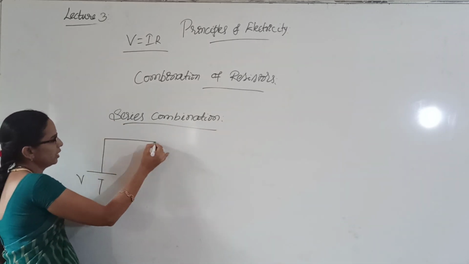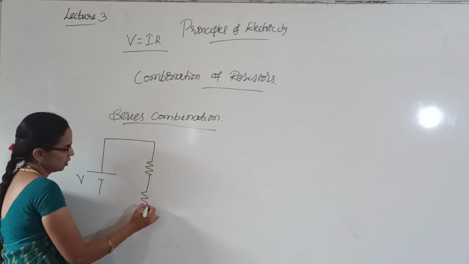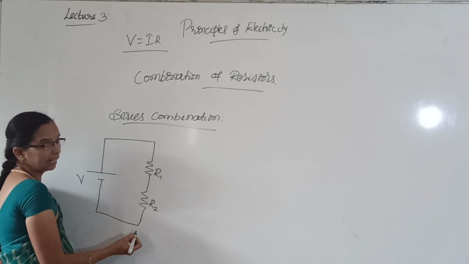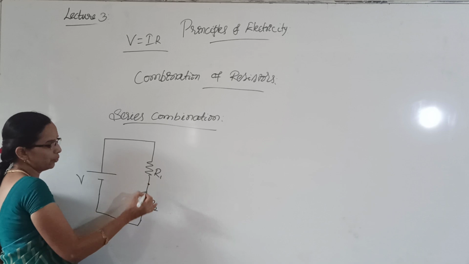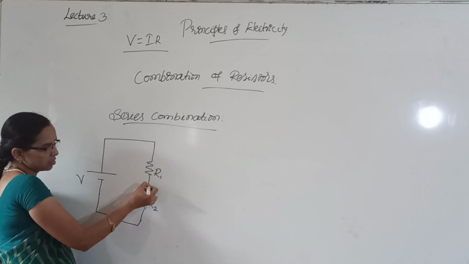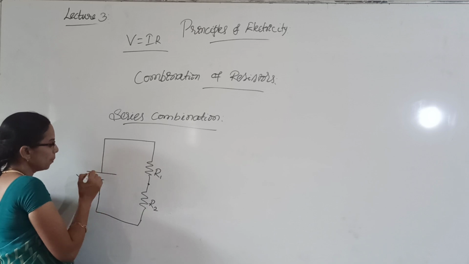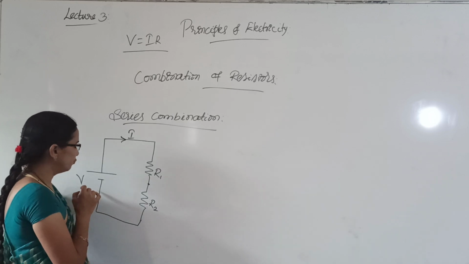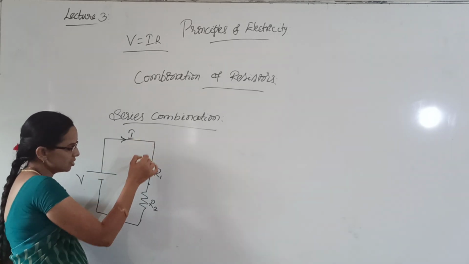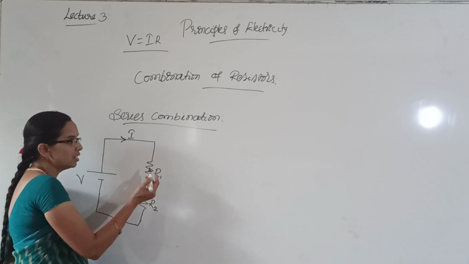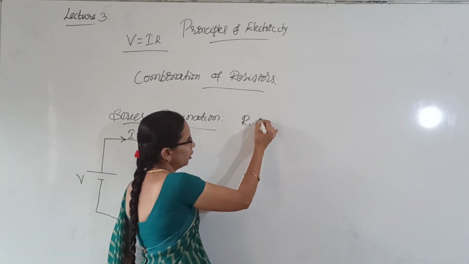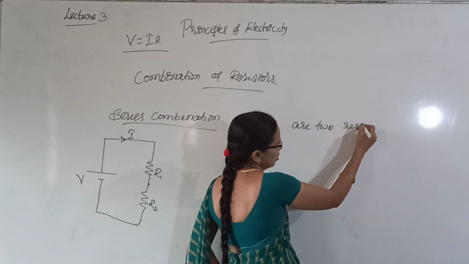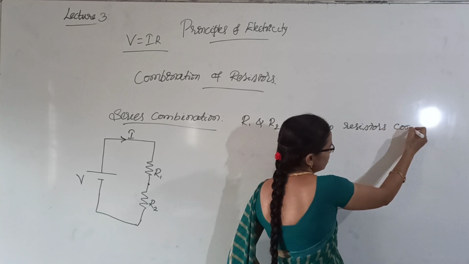If V is the voltage applied across the two resistors R1 and R2 connected in series. Series in the sense end to end connection. One end of the resistor is connected to one end of the other resistor, and the current flowing is I. If V voltage is applied across the two resistors which are connected in series, that is, R1 and R2 are the two resistors connected in series.